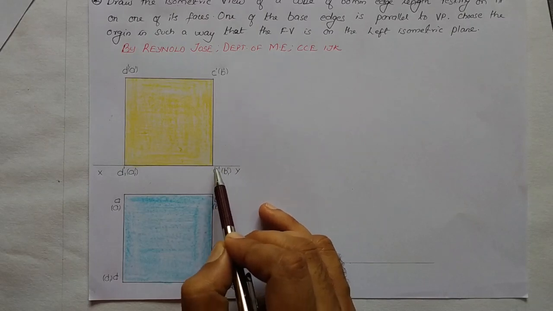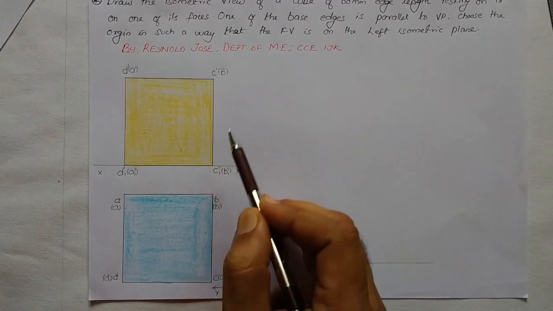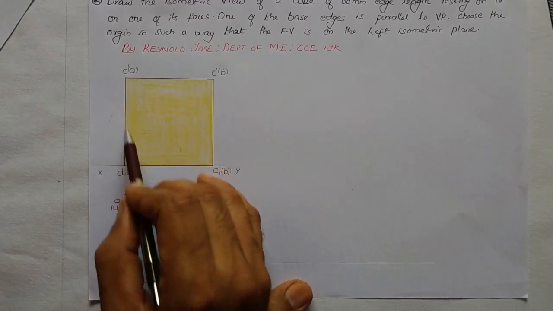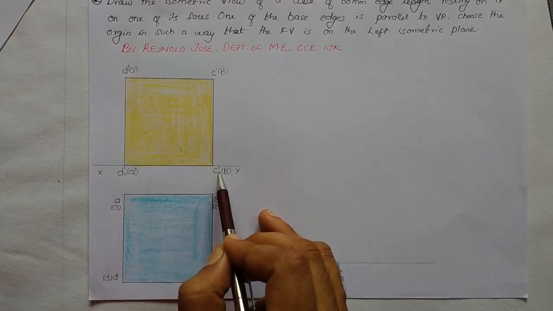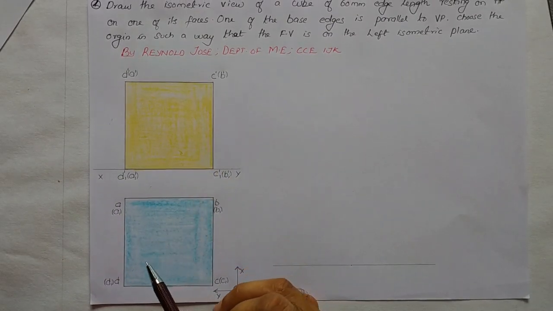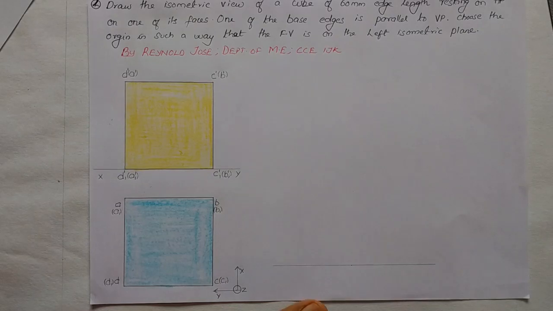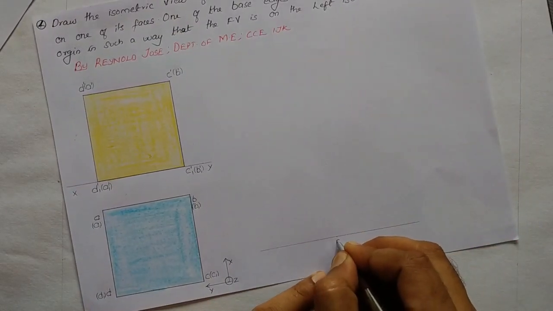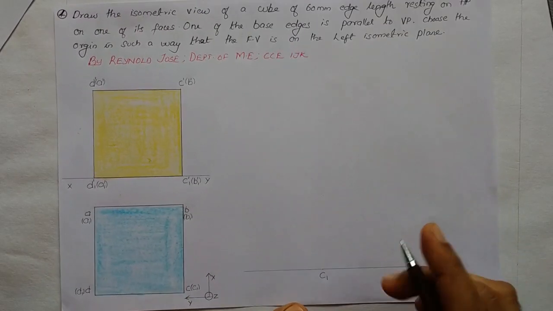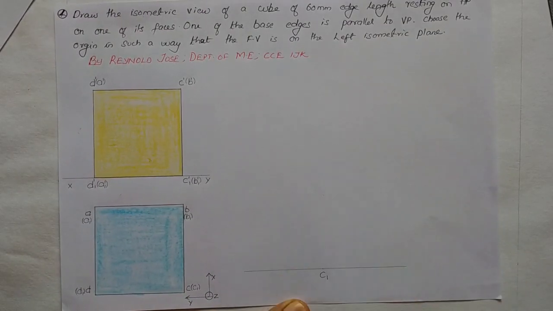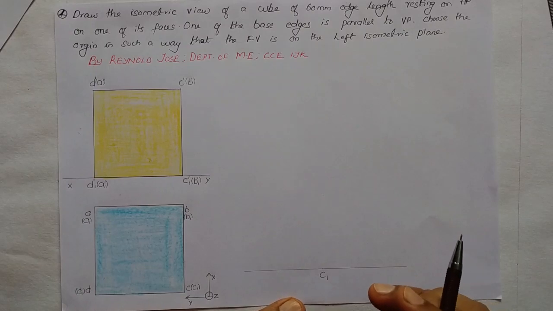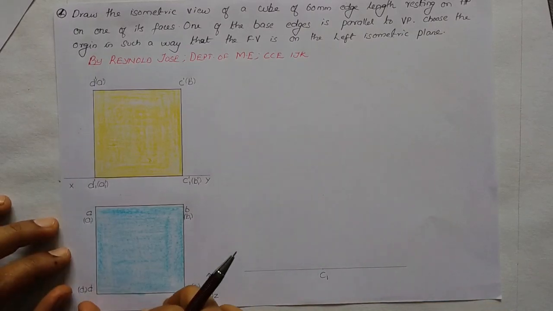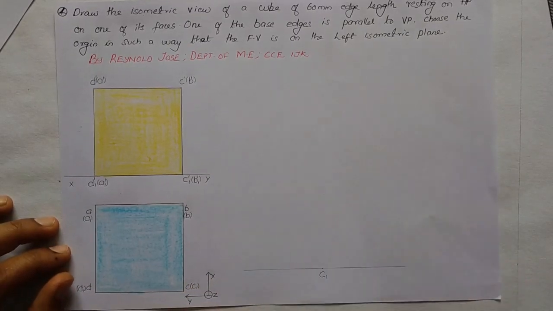And if you are taking c1 as the origin, on the left hand side of c1 we have this front face, so the front face will be on the left isometric plane. So we shall take point c1 as the origin. Now we shall take 30 degrees to either side, and we shall take a distance of 50 mm each because the true length is 50 mm.